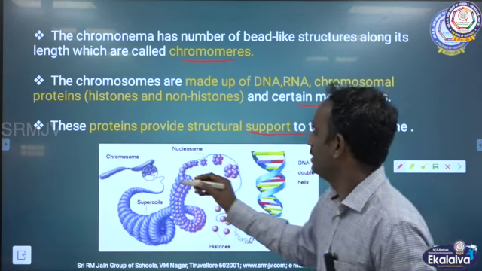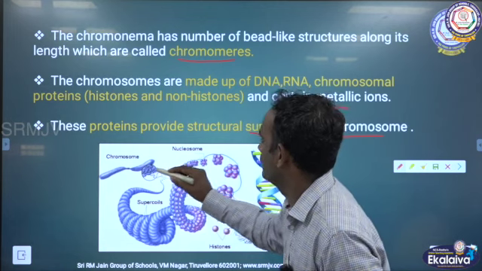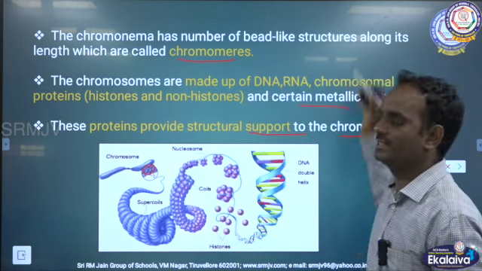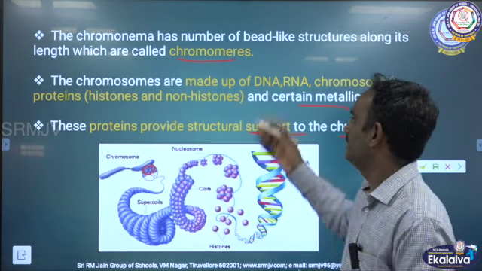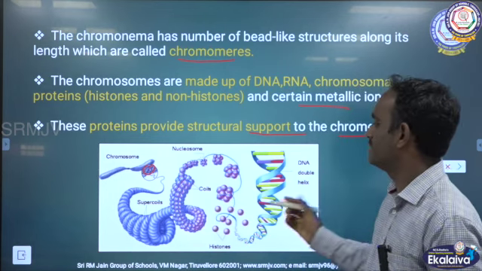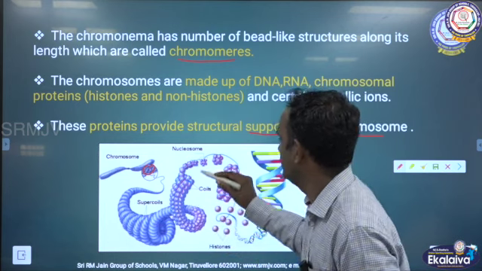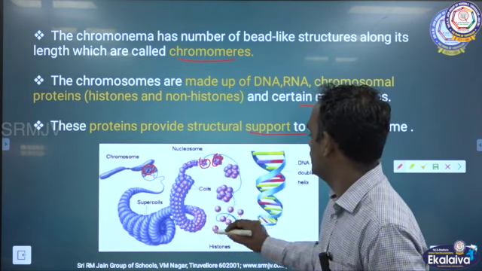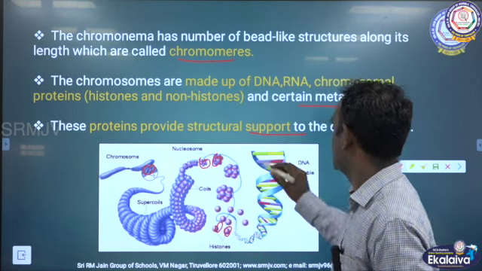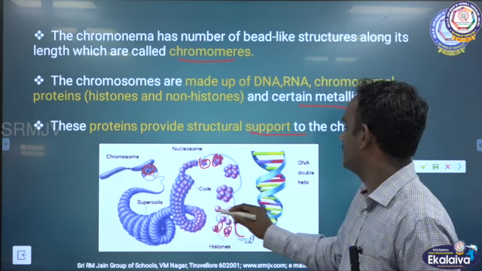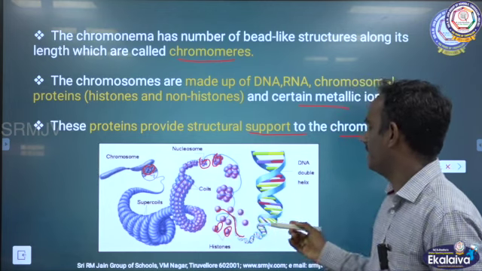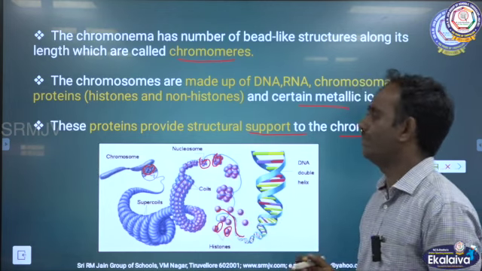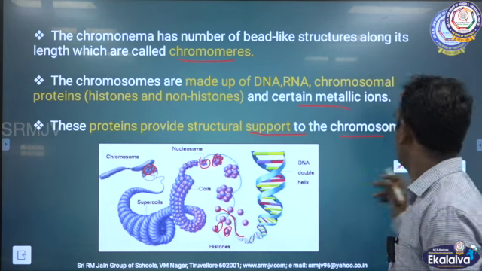See here, the chromosome has numerous bead-like structures, filled with DNA, RNA and proteins. They are supercoiled. This is a nucleosome, and this is a histone protein. This is the structure of DNA unwinding.